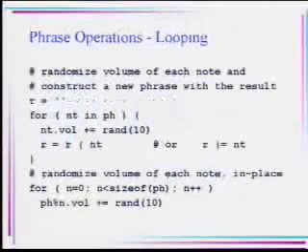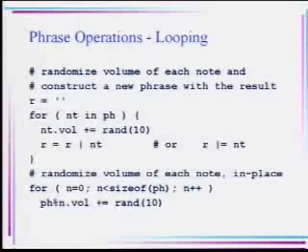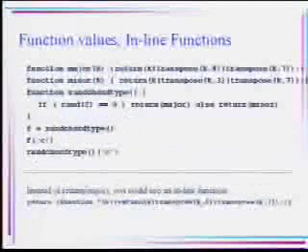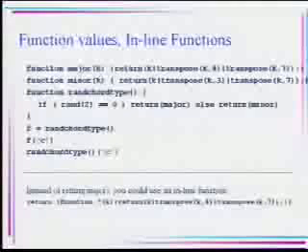The for loops, you can loop through the notes in a phrase quite easily. One of the data types is a function pointer or reference, and so you can definitely take advantage of that and build fairly flexible code that's parameterized in terms of the functions.